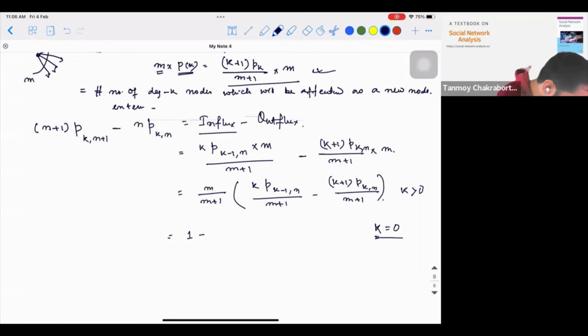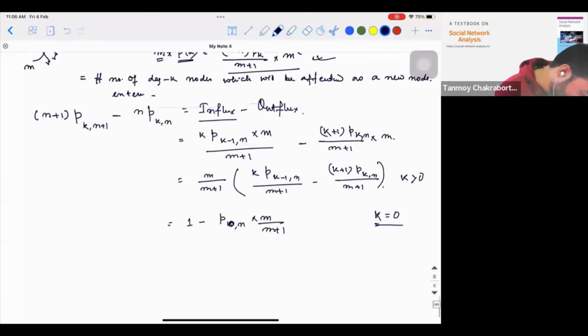To calculate it, we use this formula again. We replace k by 0, so we have p0,n times m by m plus 1.